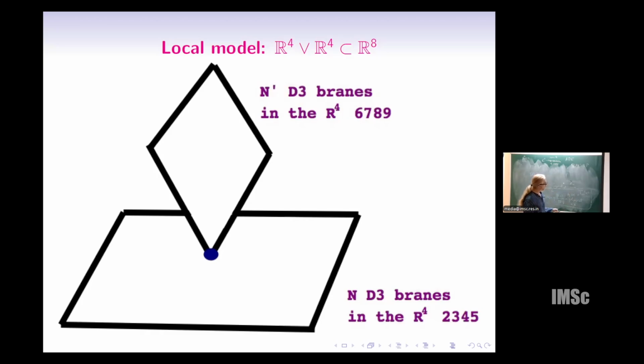This transverse R4 will intersect the original R4 at one point inside R8, but in the 10 space-time dimensions of type IIB string theory, there will be just some point where these two planes are the closest. The observer who lives on these horizontal branes will interpret this point as a local operator, in fact a very heavy operator, because the whole brane is projecting to this point.